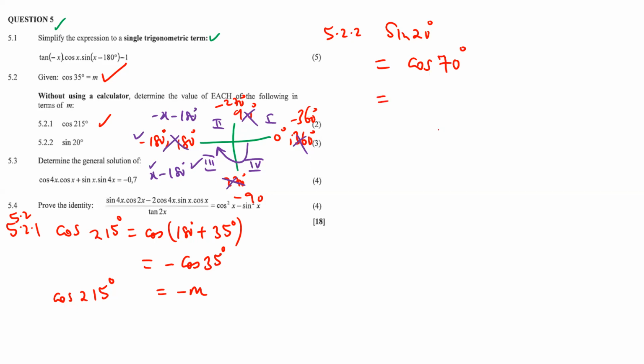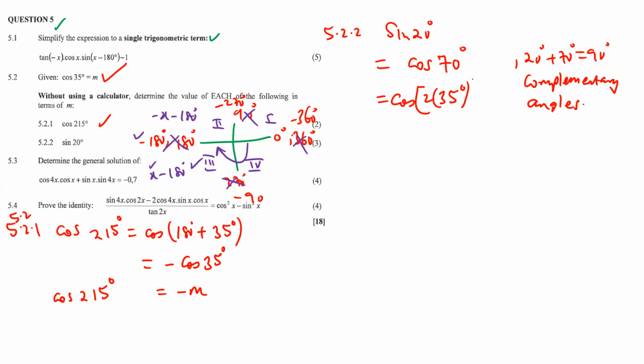Is 90 degrees, so they're called complementary angles, and the sine of 20 is equal to the cosine of 70, because 20 plus 70 is 90 degrees, and these are complementary angles. So which means cosine of 70.